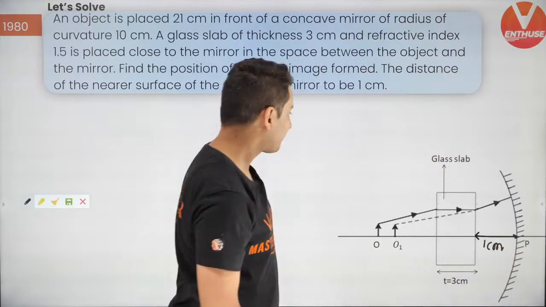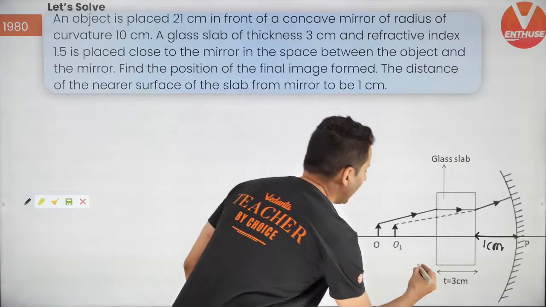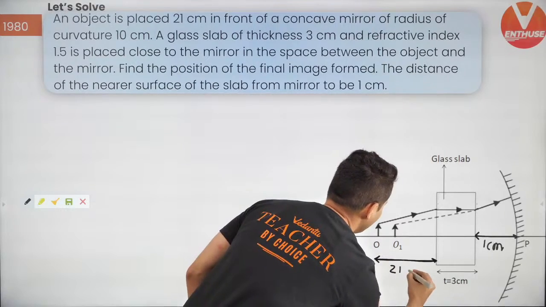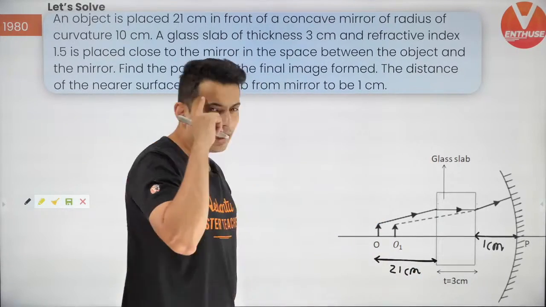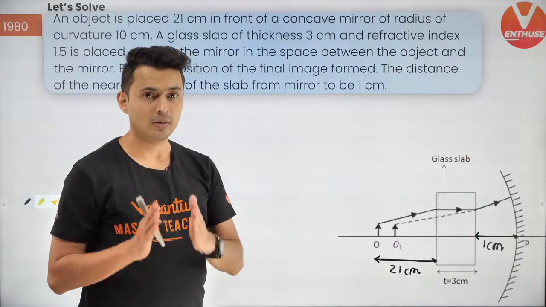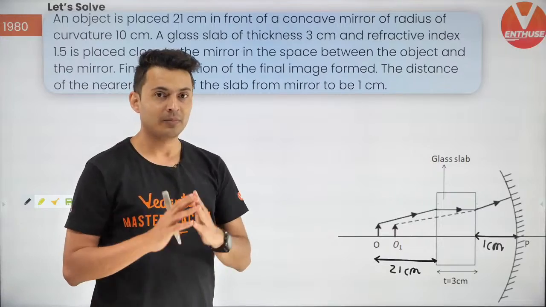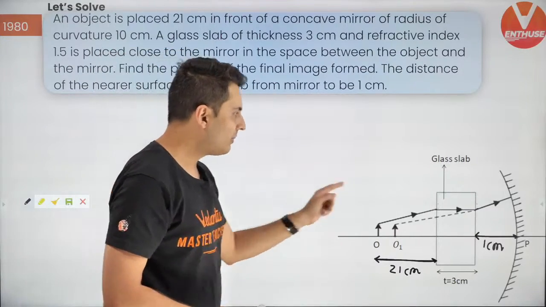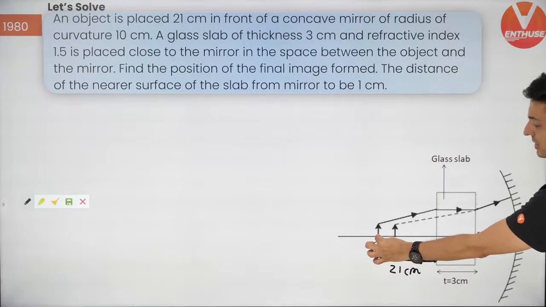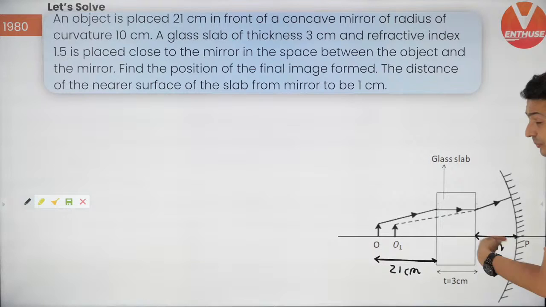Now, first of all, the object actually is placed at how much distance? 21 centimeters. First let me get rid of this glass slab. Do you remember what a glass slab does? It just shifts the image, right? That's all. So imagine for this concave mirror, the object is going to appear closer to the mirror. Why?